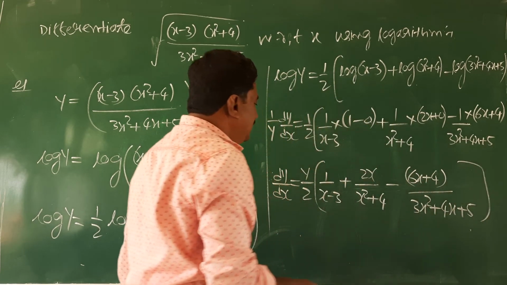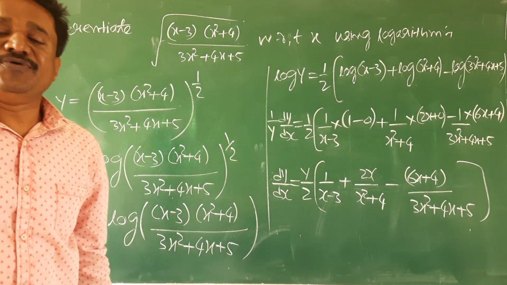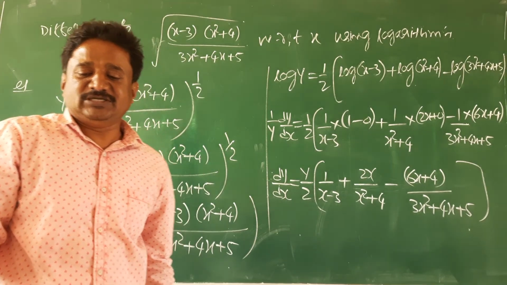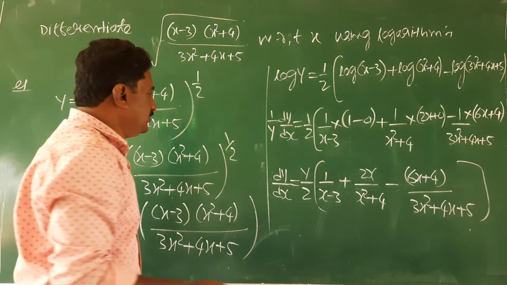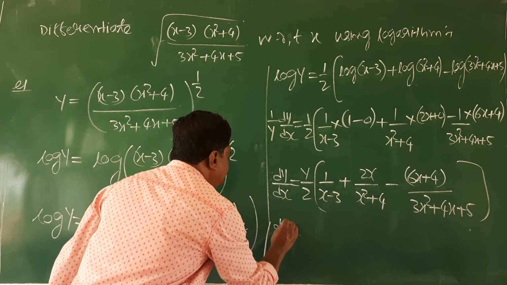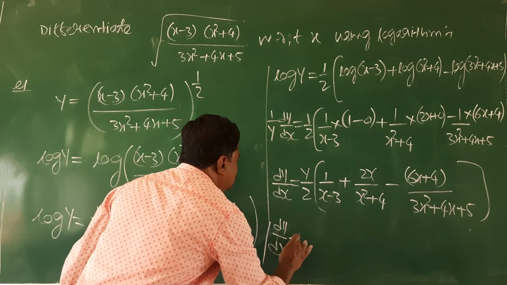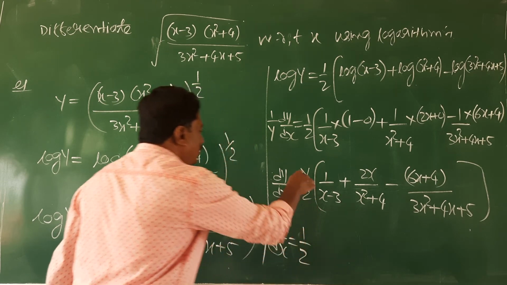So this is dy by dx. If you wish, you can write one more step. That is dy by dx is 1 by 2 into, what is y?